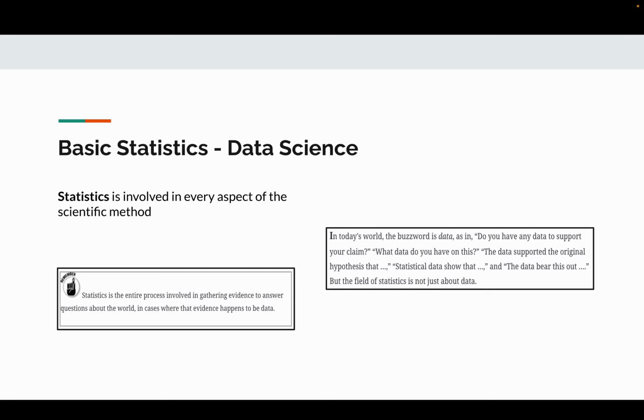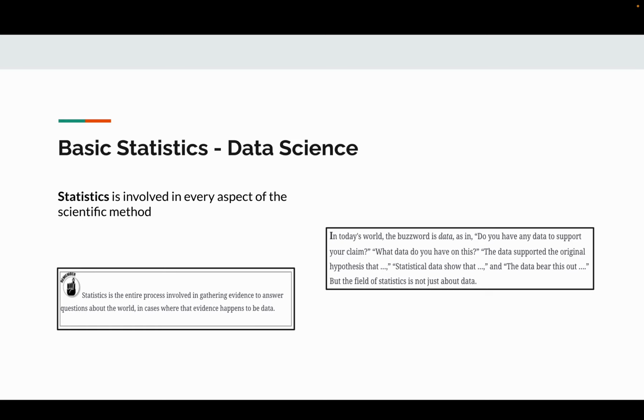And this is one thing that we'll be learning, because this will help us to actually learn the data mining concept more properly. So statistics is the entire process involved in gathering evidence to answer questions about the world, in case where that evidence happens to be the data.